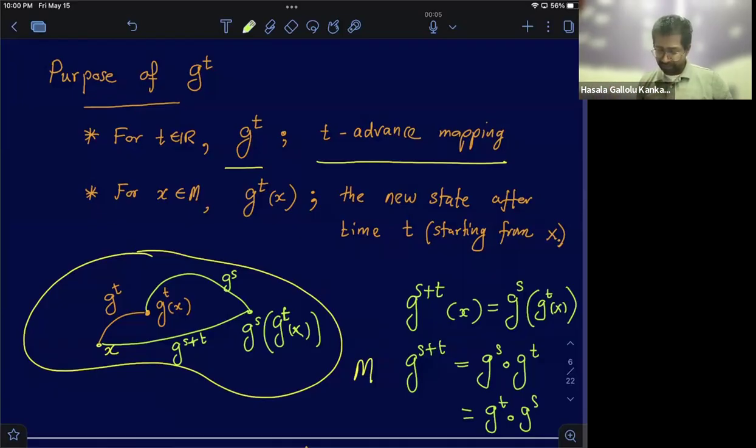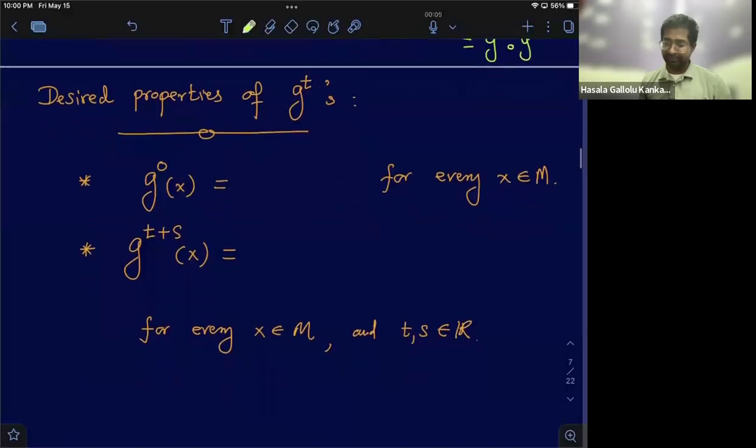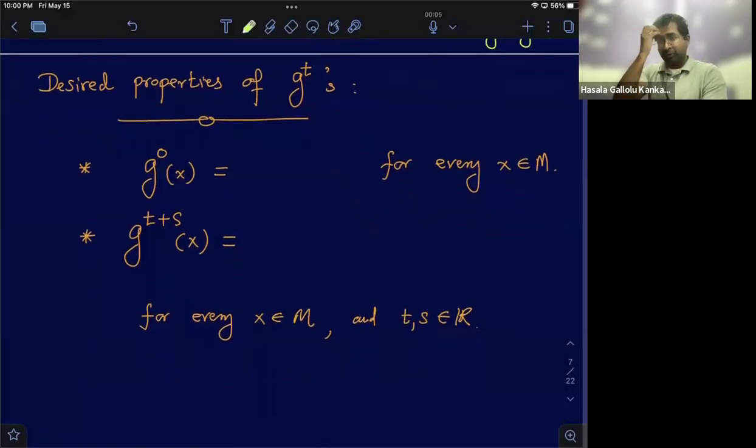All right, so let's do this. Let's try to write down a couple of desired properties for G_T. Now, you can do this without me saying much about it, because the second property is exactly what we have written down. And the first property is, if you start from a certain point and if you advance by 0 units of time, that means you're not moving, right?